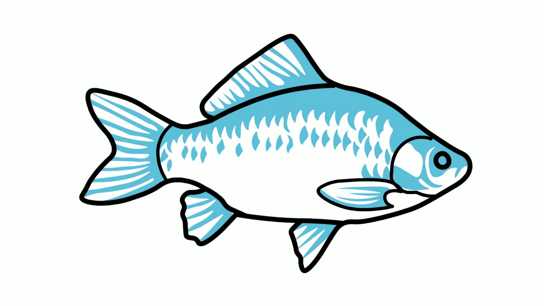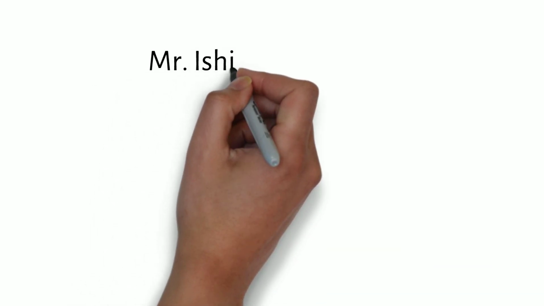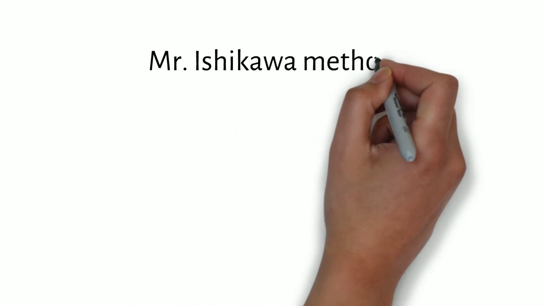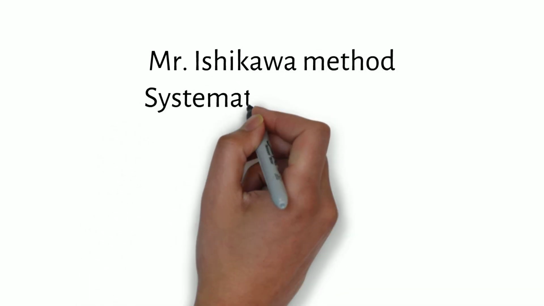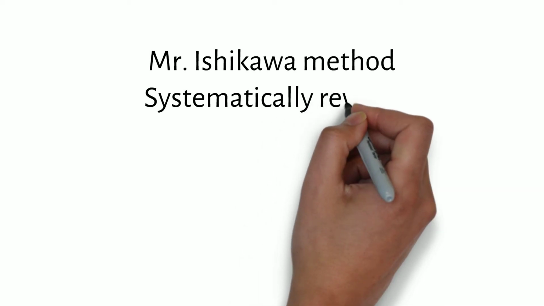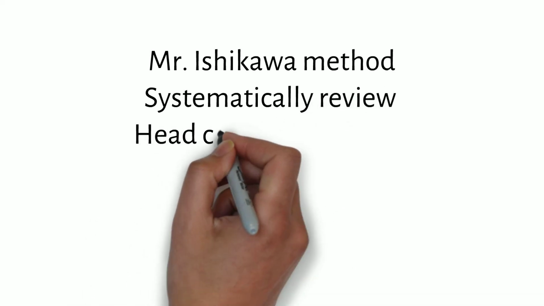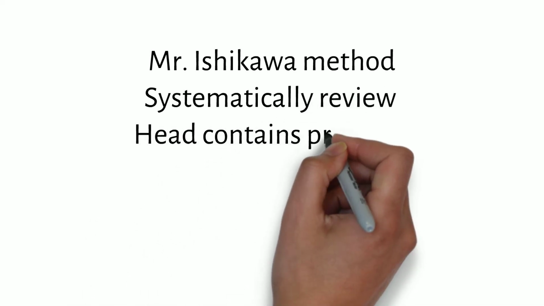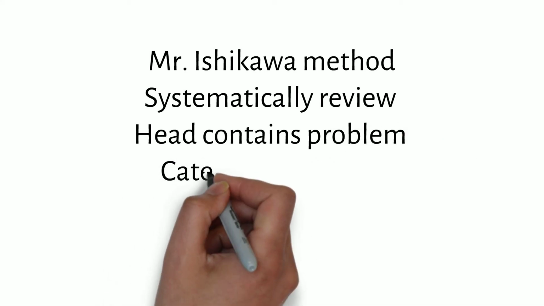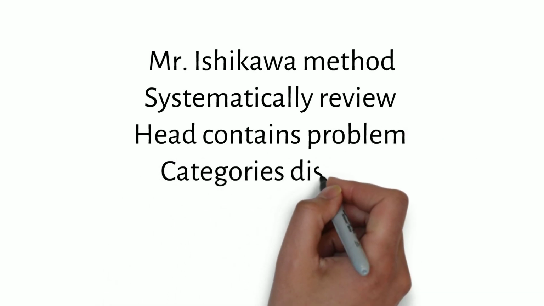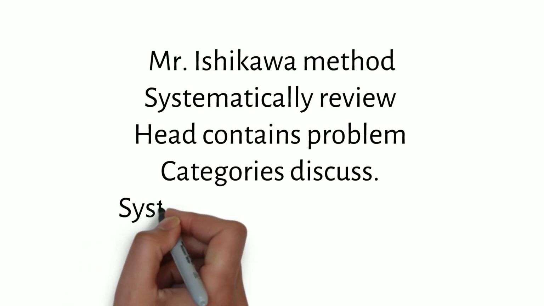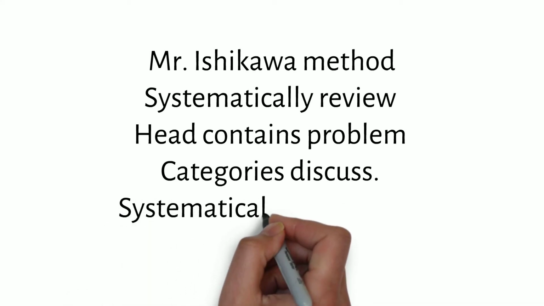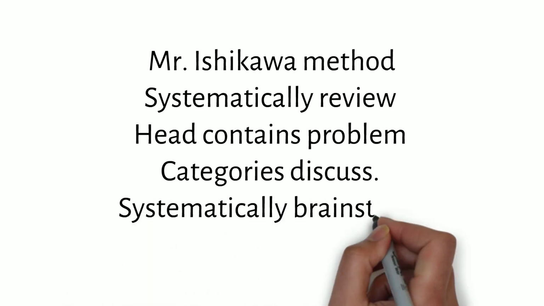Next, we will use the method called the fishbone method to solve the same problem. Mr. Ishikawa worked in the industrial sector, and he made this method to systematically review every factor in a work environment which can be responsible for the problem. The head of the fish contains the problem, and the bones coming out of the spines are the categories which need to be discussed.